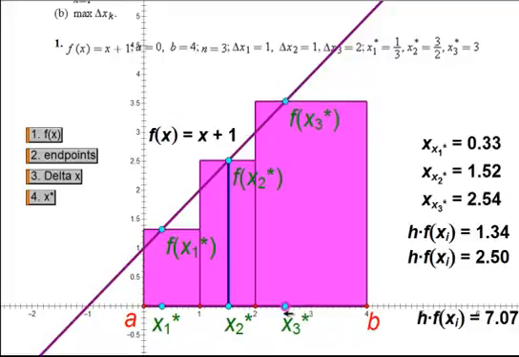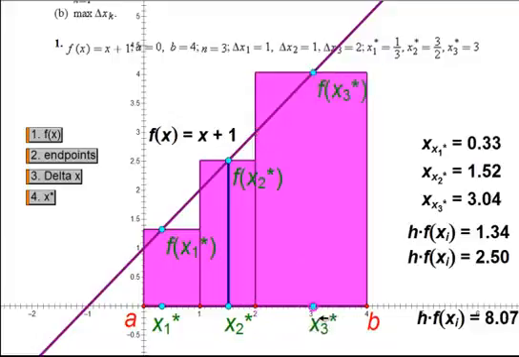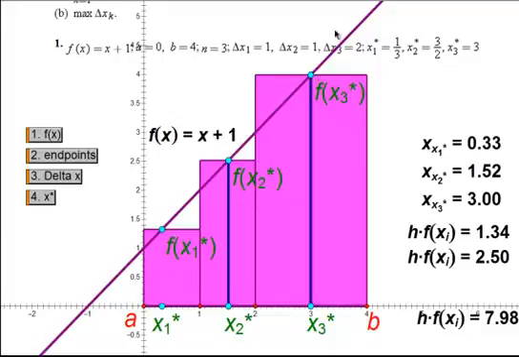So it could go anywhere from 2 to 4, but what we want is the height to be right at 3, which is the middle of the rectangle. So then the height of this rectangle is f of x3 star. So that is 3 plus 1, which is 4. And the width of this rectangle should be 2. So it should be about 8.